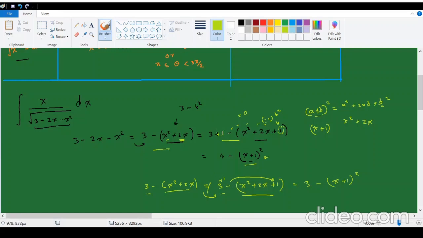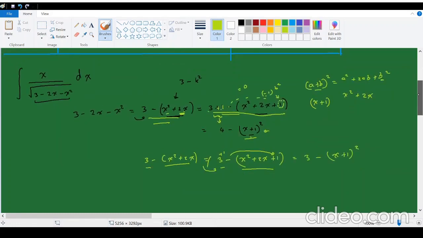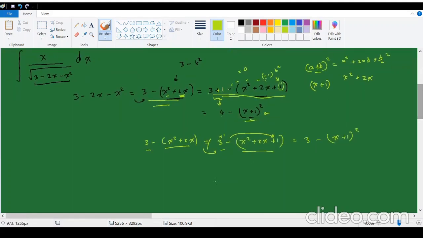With that positive 1, these two terms will be equal, and the advantage of rewriting it in this format is that we can see it as a difference of two squares. You can visualize it like this.